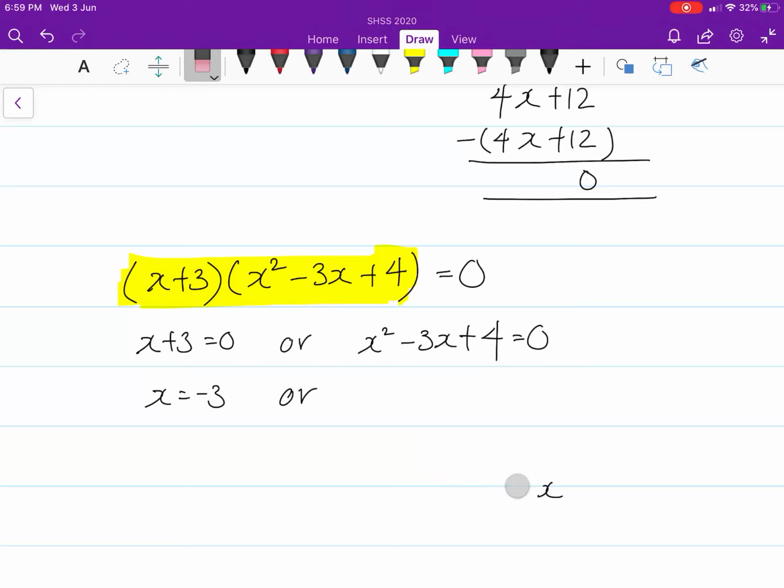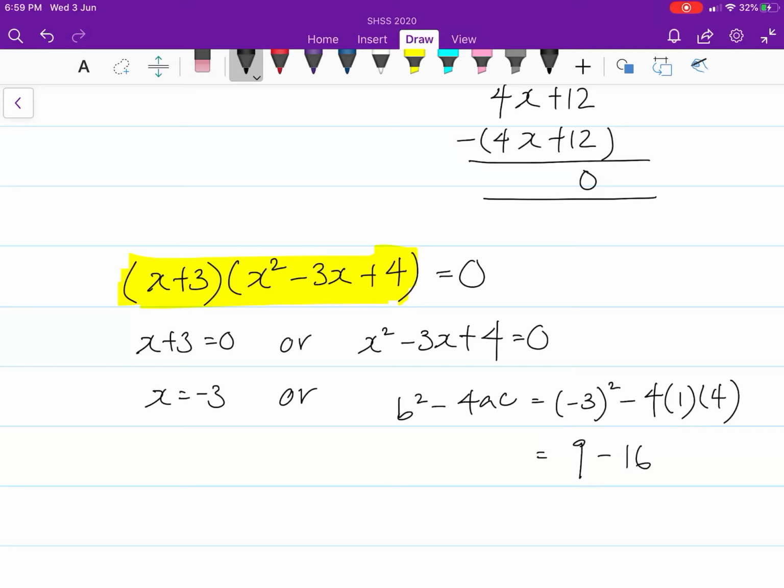So let's try b squared minus 4ac, and see what the value of that is. Negative 3 squared minus 4 times 1 times 4. Now this is 9 minus 16. Do you realize 9 minus 16 is a negative number, which is negative 7. And negative 7 is less than 0.